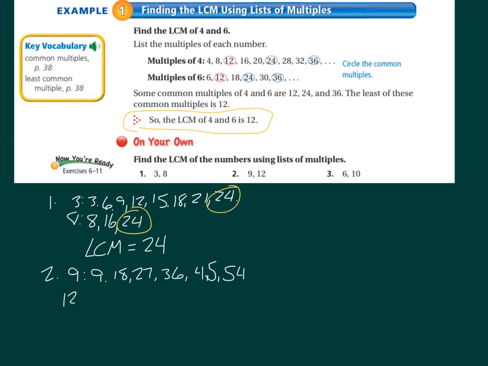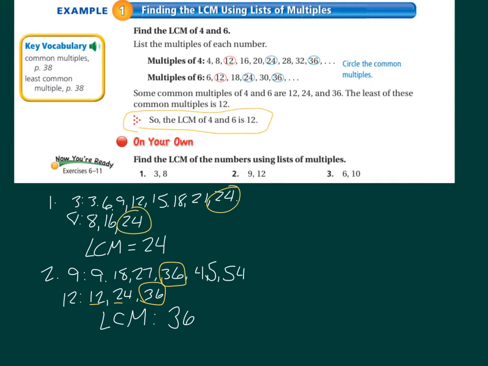For 12, we have 12, 24, and 36, and I can see already that I have a common multiple, 36. I don't have anything common below 36 for either of them, so my LCM on number 2 will be 36.